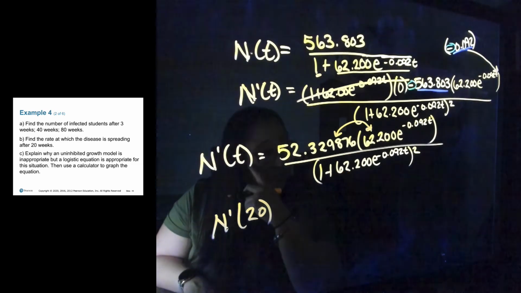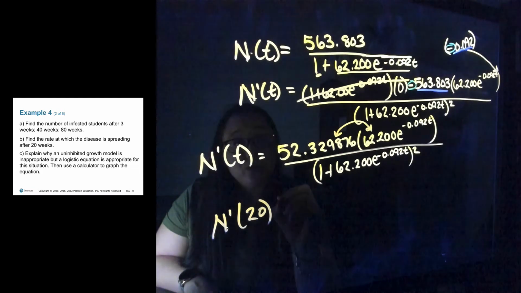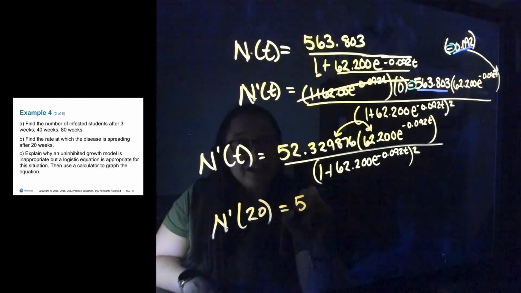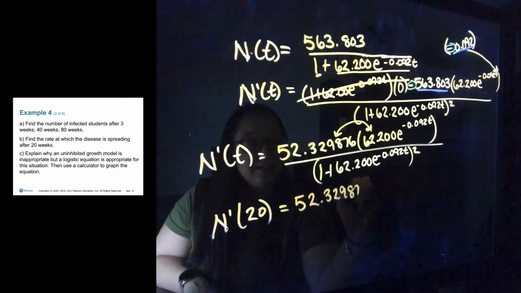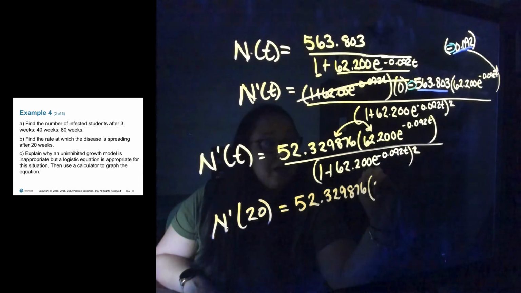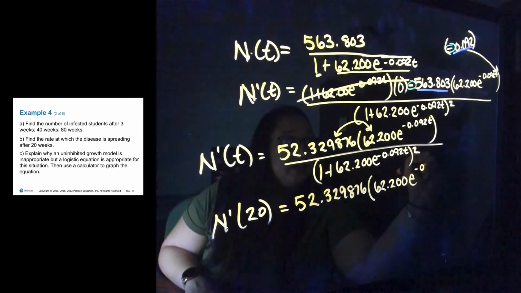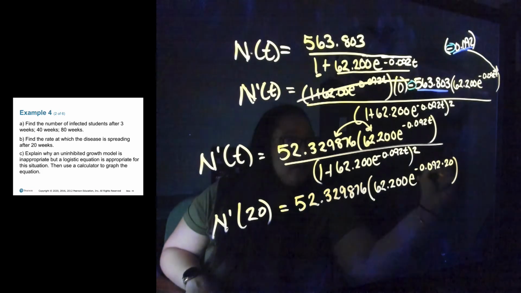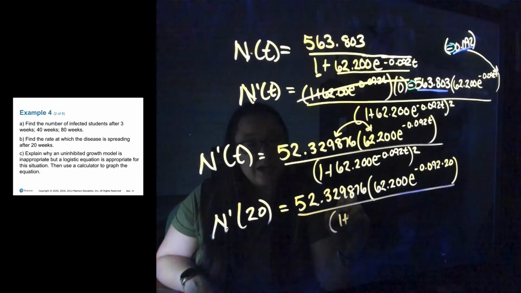That would look like exactly 52.329876 times 62.200 e with all of that exponent. Can't leave anything off. We're going to put times 20 up there. And then in your denominator, we're going to leave it exactly the same.